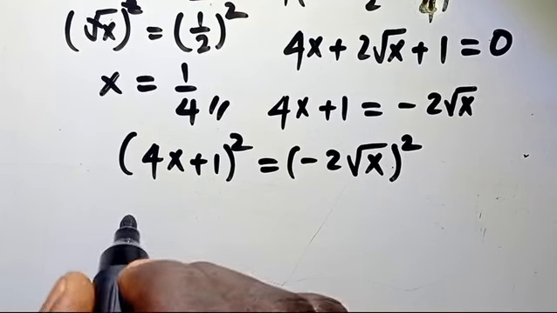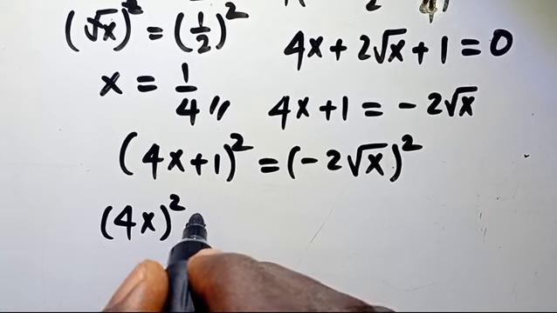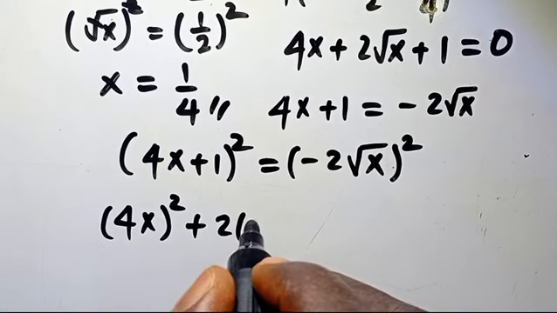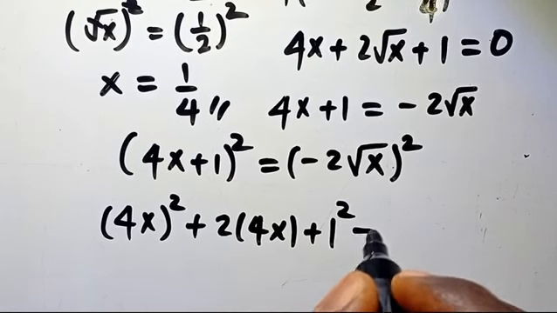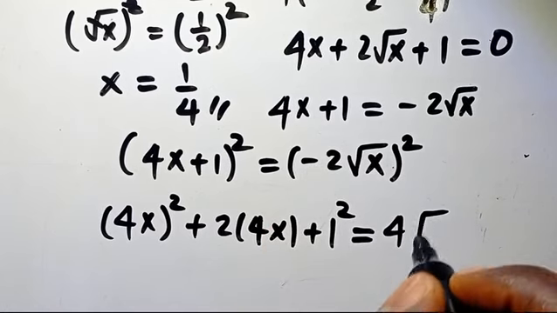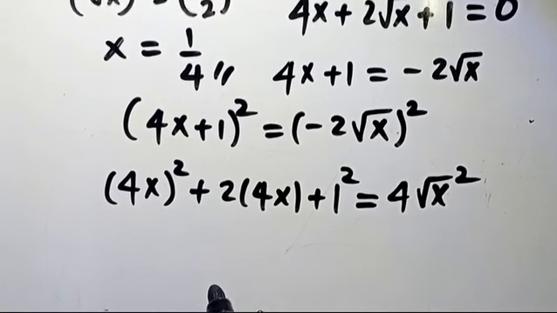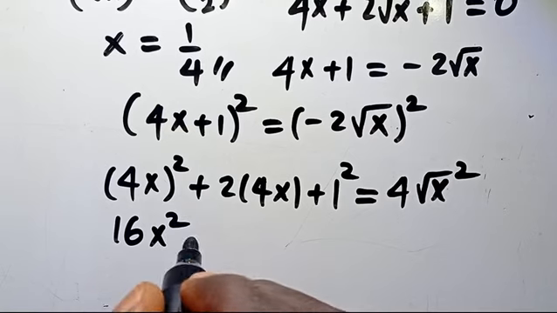So we have this to be (4x) square plus 2 times 4x plus 1 square equals 4 multiplied by (root x) square. Then this will be 16x square.